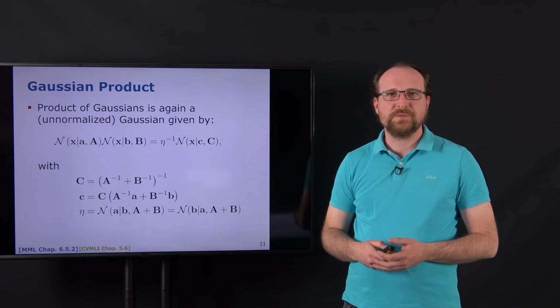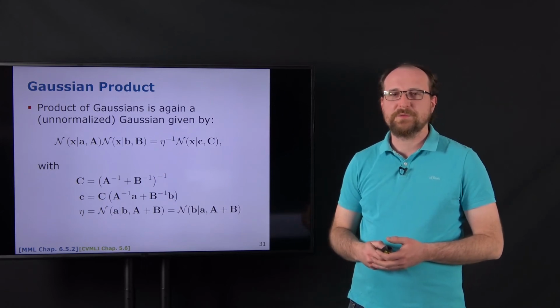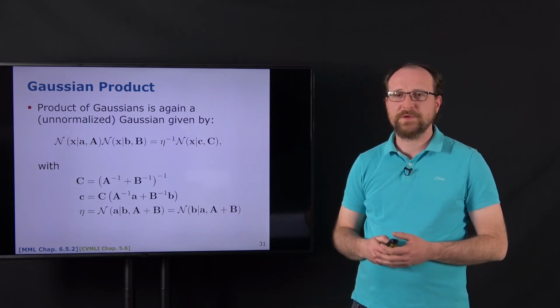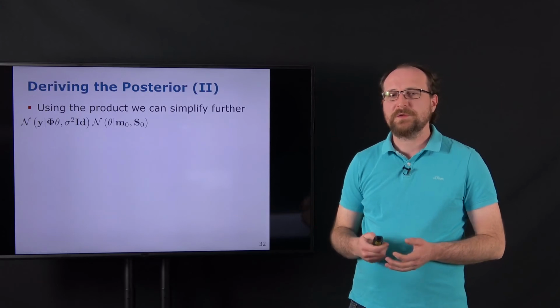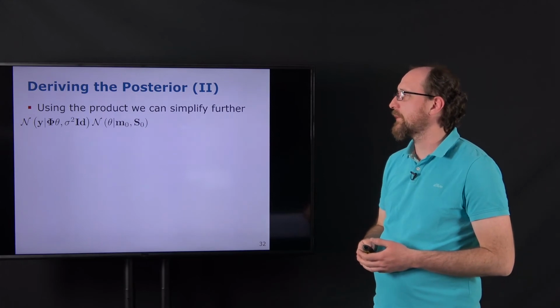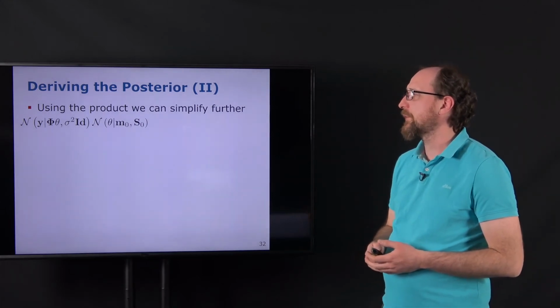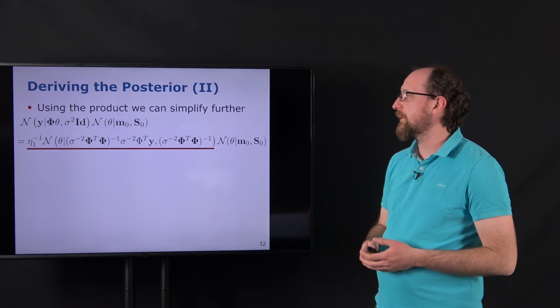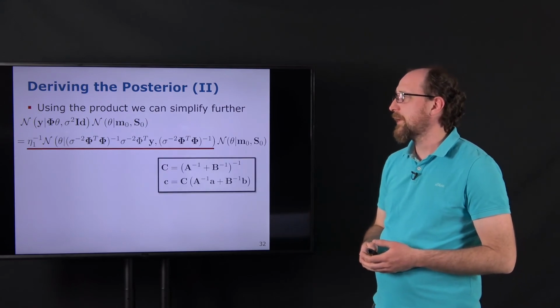Using this definition, we can then plug these terms into the derivation again. Then we can use the product to simplify these terms more. So we have now the two normal distributions, and we can just use the definition from before.